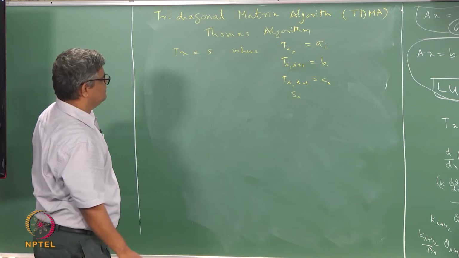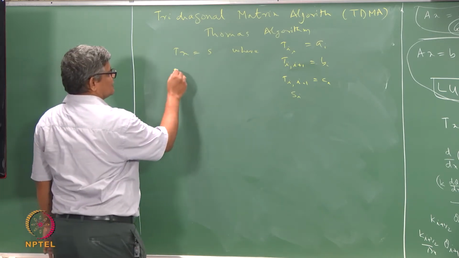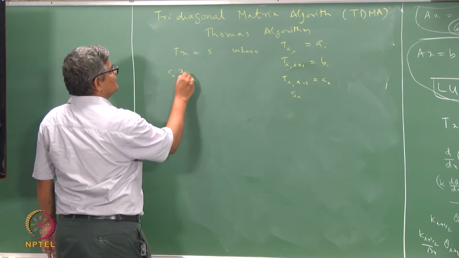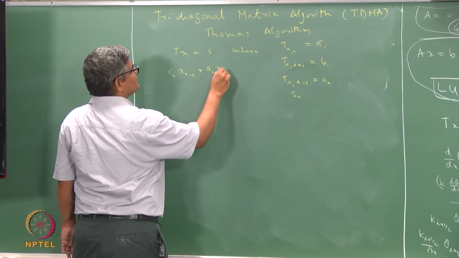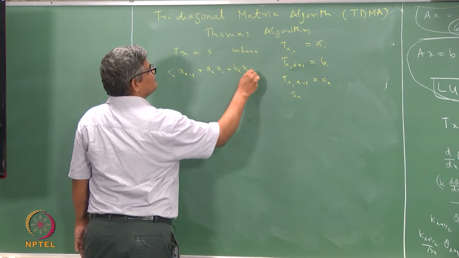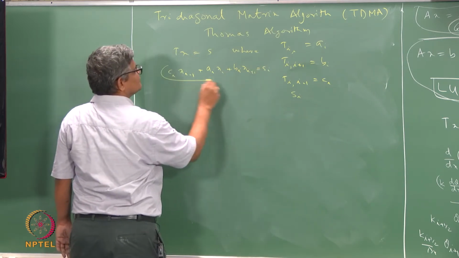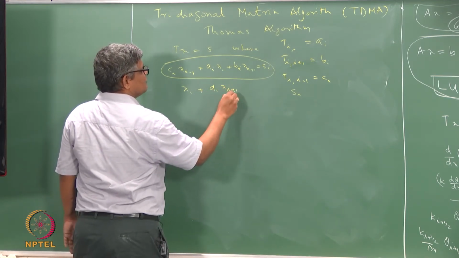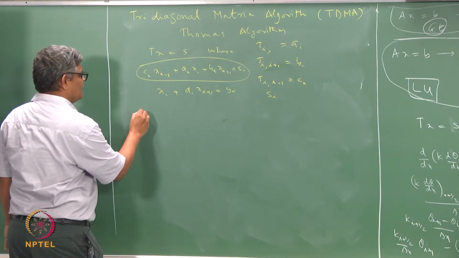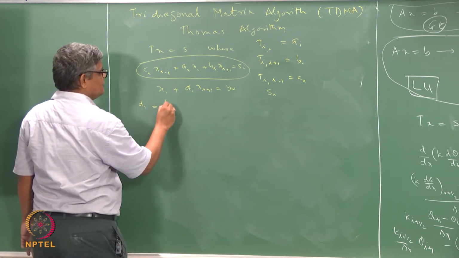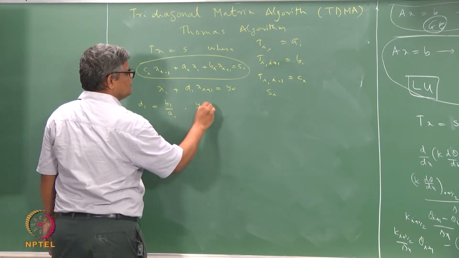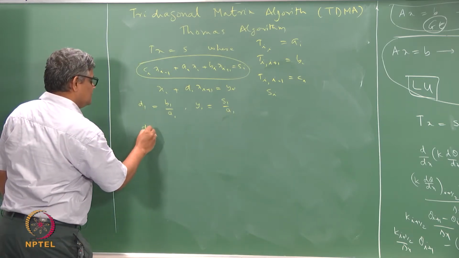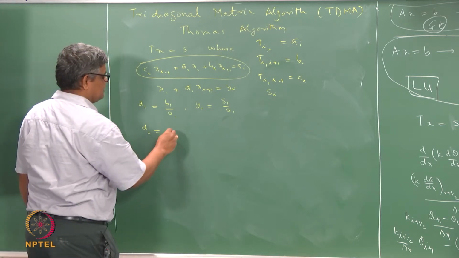Okay. So, this starts with conversion of this equation, that is Ci xi minus 1 plus Ai xi plus Bi xi plus 1 equal to Si. So, this is rewritten as xi plus di xi plus 1 equal to yi, where d1 is b1 by a1 and y1 is s1 by a1.